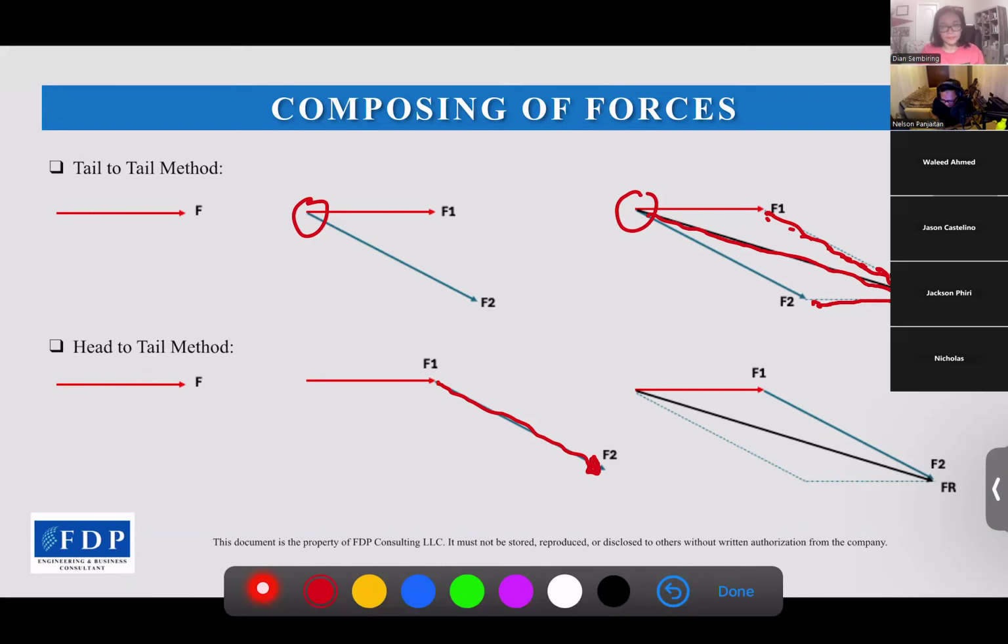So we put the imaginary line in line with F2 here, and then in line with F1 here. So for the combined force, the intersection will be here, and then we connect the tail of F1 to the head of F2 as the resultant of the forces, like that.